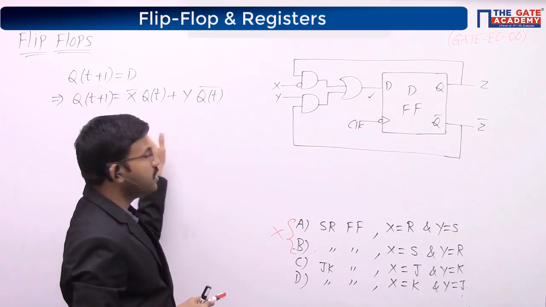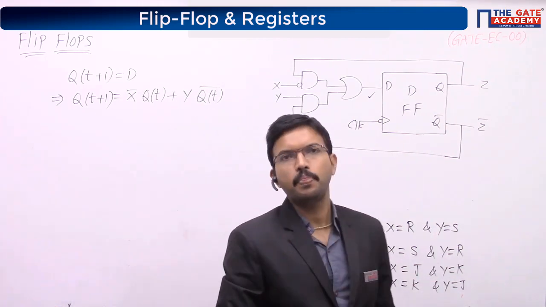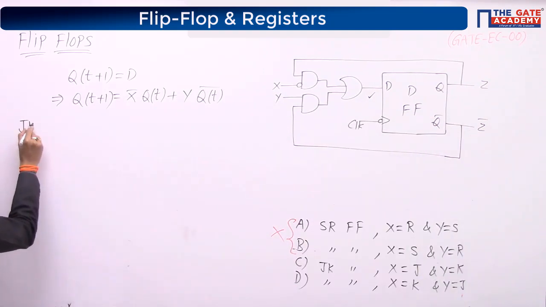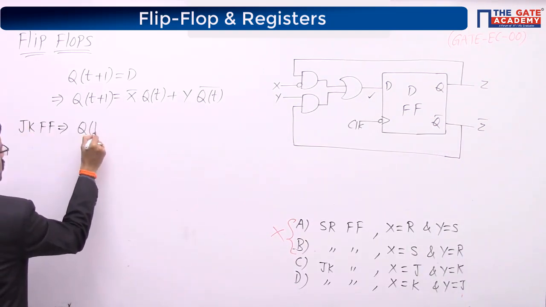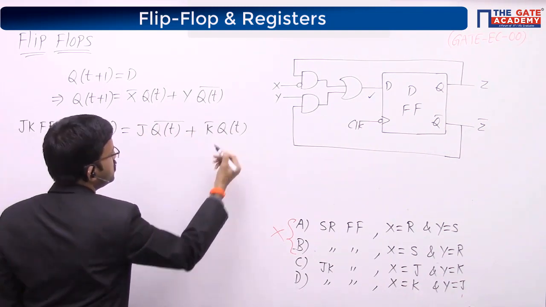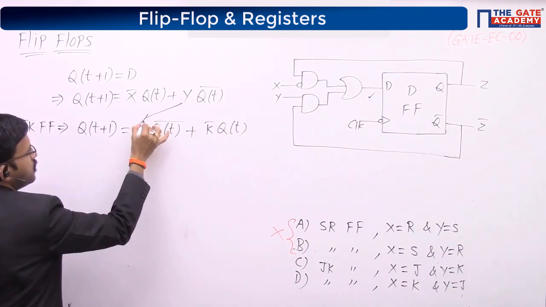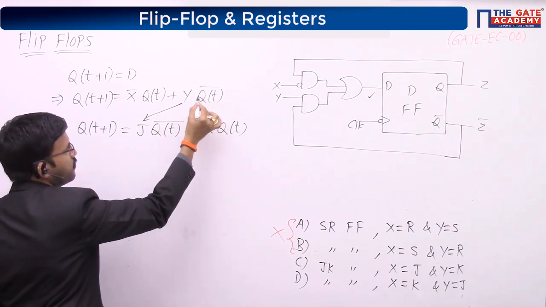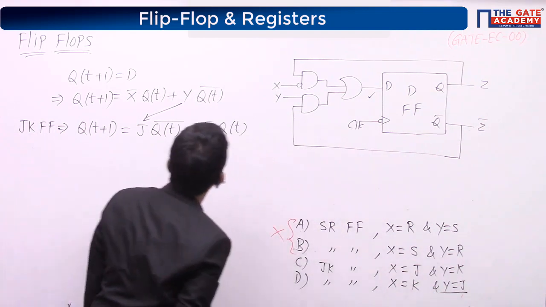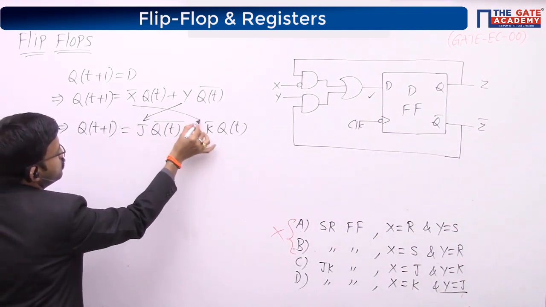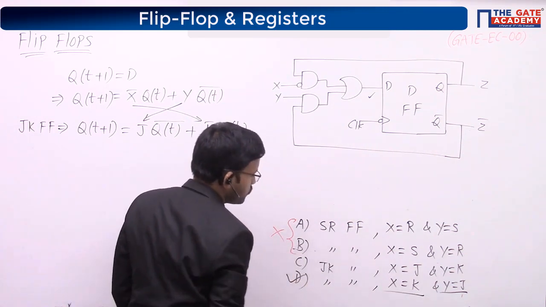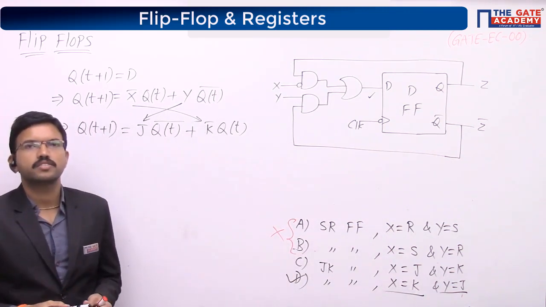Write the characteristic equation of JK flip-flop and check with the given options. It is Q of t plus 1 equal to JQ bar plus K bar Q. Equating, Q bar you are having, that means y equal to J. Next, x equal to K. That means option D is the correct answer.